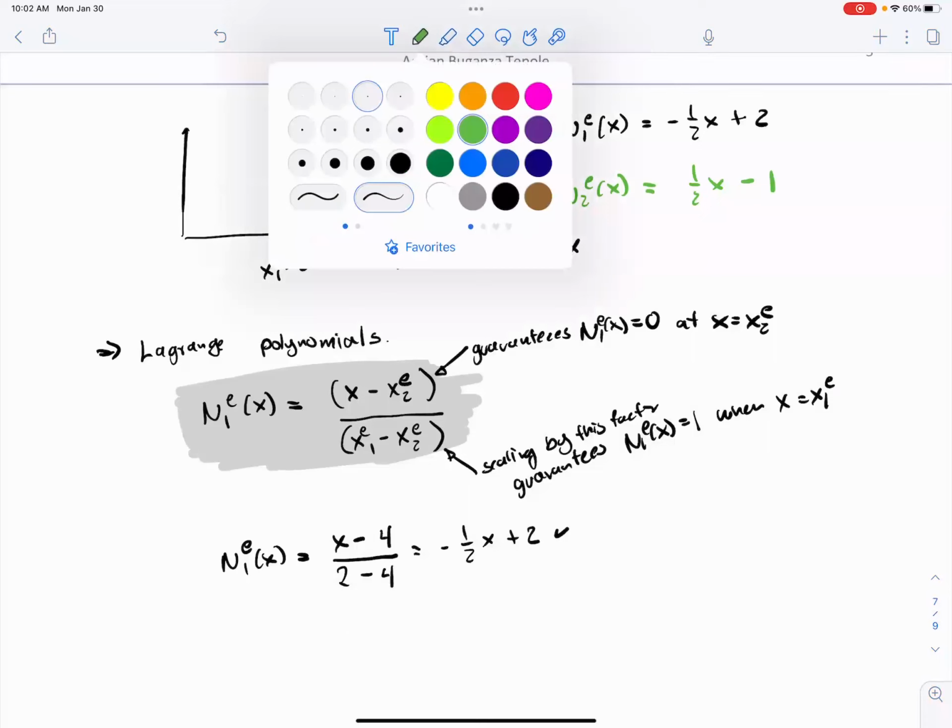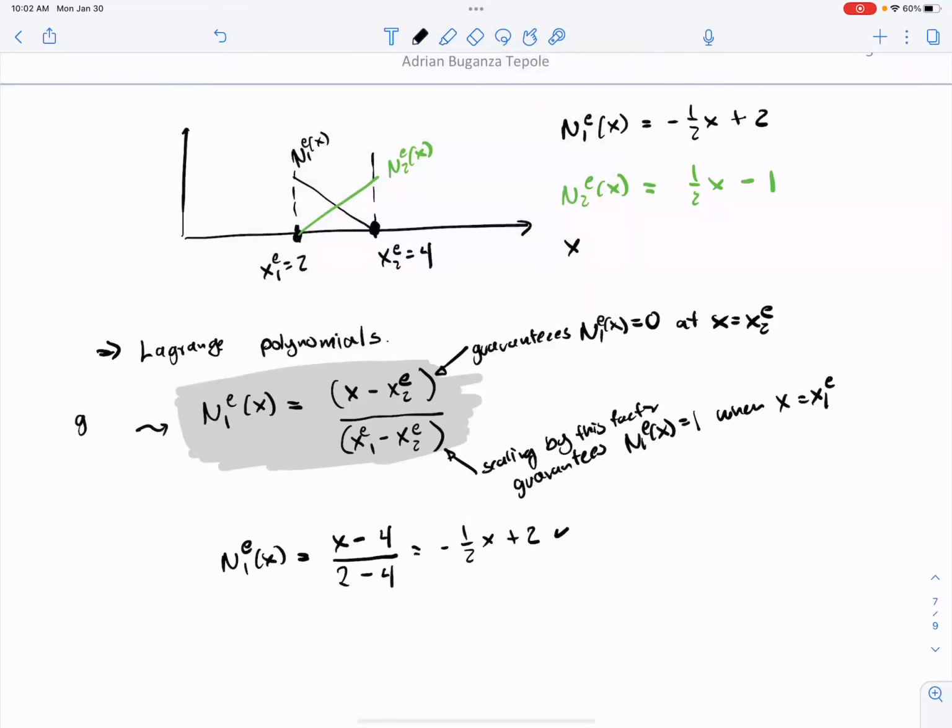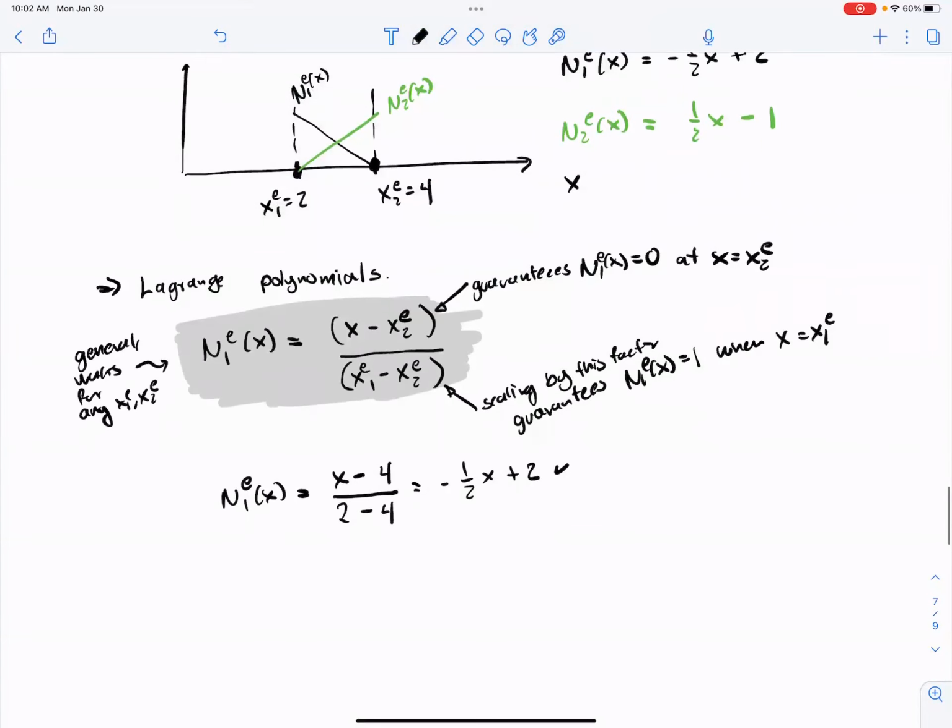The nice thing about that one is that this is general. And 2, similarly, what I'm gonna do is I'm gonna just say it has to be 0 at x1.